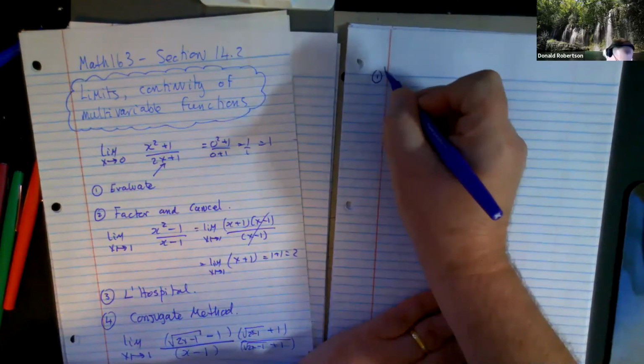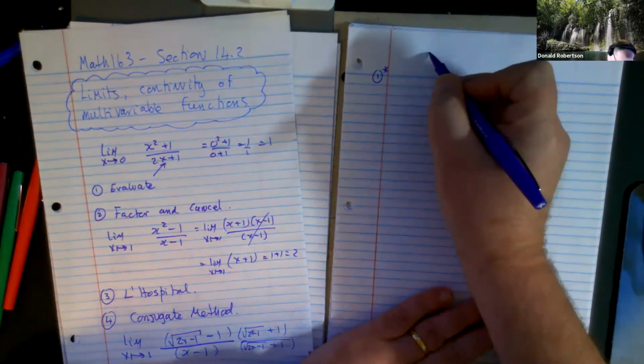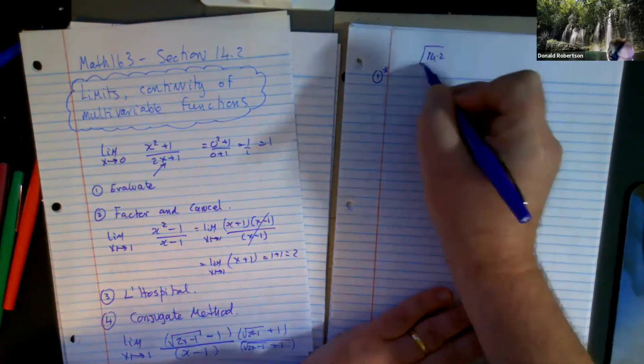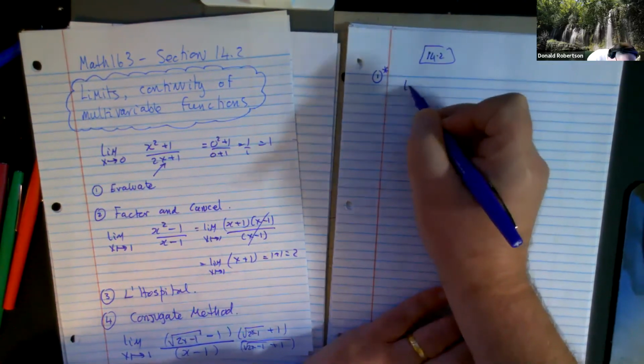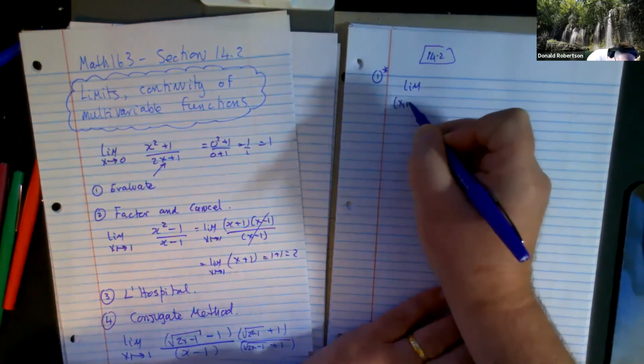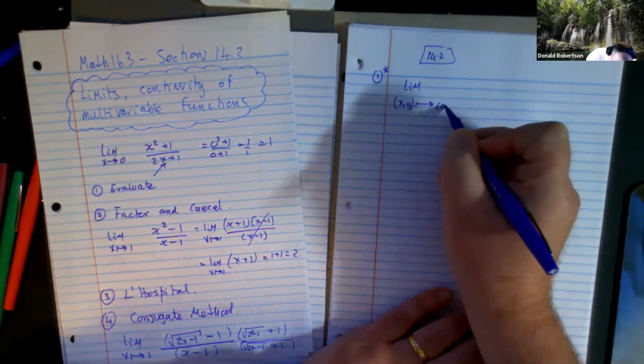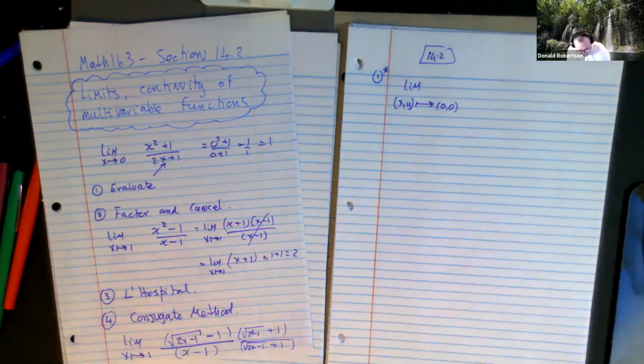This is question 1 from 14.2. It's going to be the limit as (x, y) tends to the origin. So it's not x tending to 0, it's not y tending to 0, but both of them tending to 0.